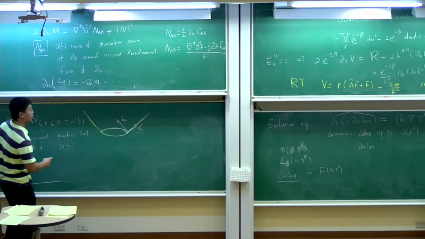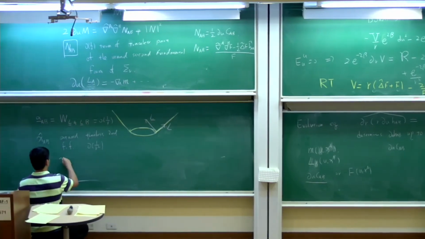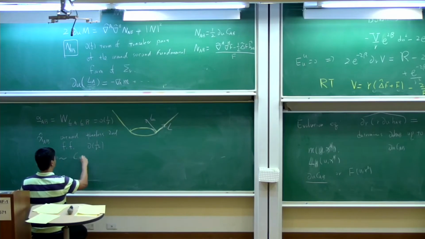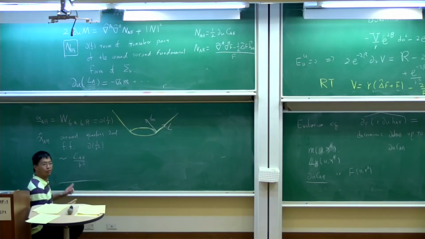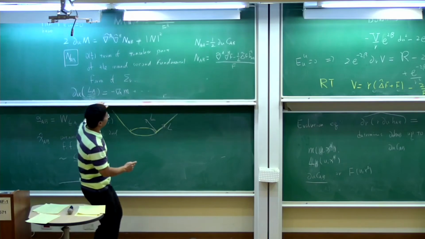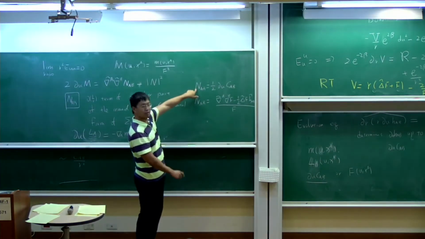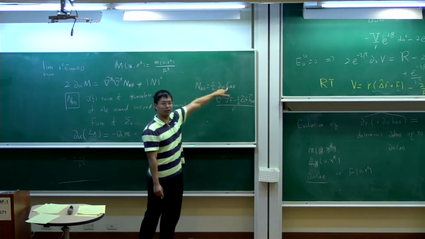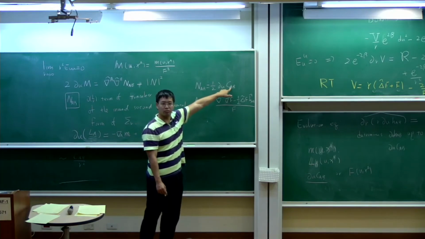Well, first of all, it's easy to see that this is proportional to C_AB over R squared. I think there should be a factor of 2 or 1/2 somewhere. Okay, and I already told you that the 1 over R term is the derivative in u of this.